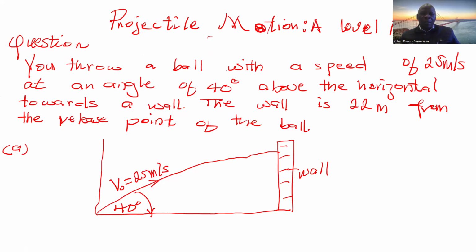You throw a ball at a speed of 25 meters per second at an angle of 40 degrees above horizontal towards the wall. The wall is 22 meters from the release point of the ball. And so here you note that this projectile is thrown with this speed, which is 25 meters per second, at an angle with the horizontal of 40 degrees.